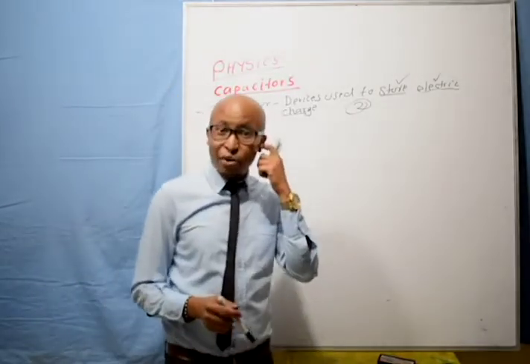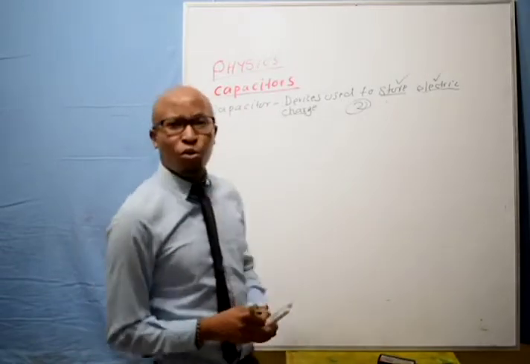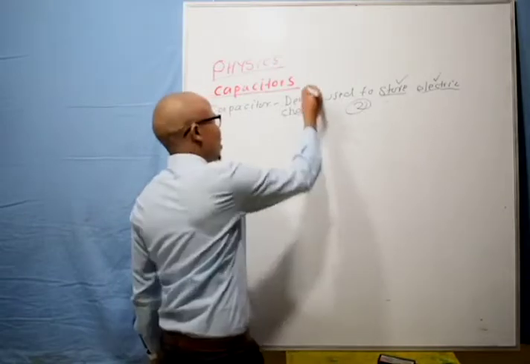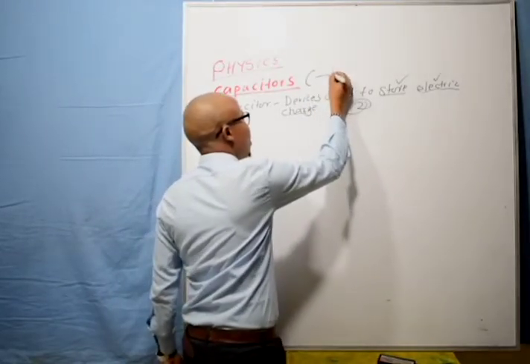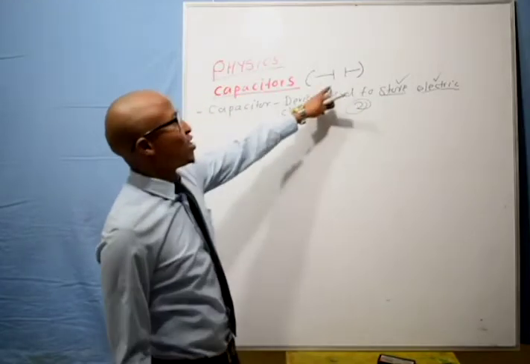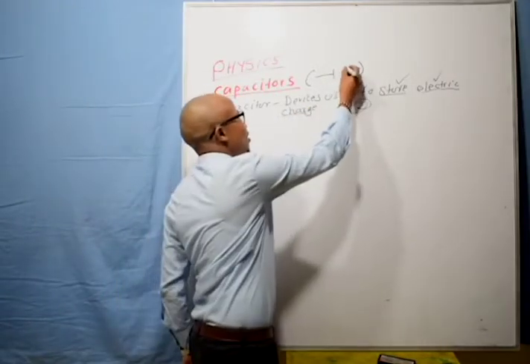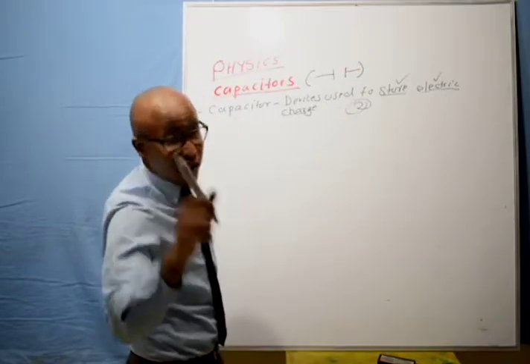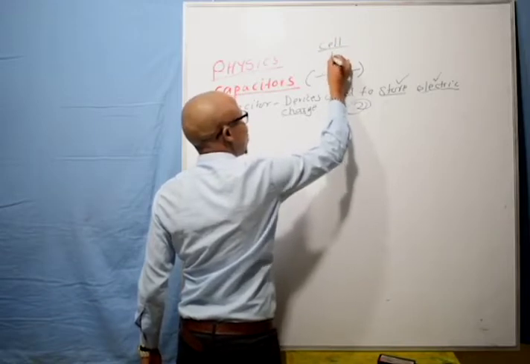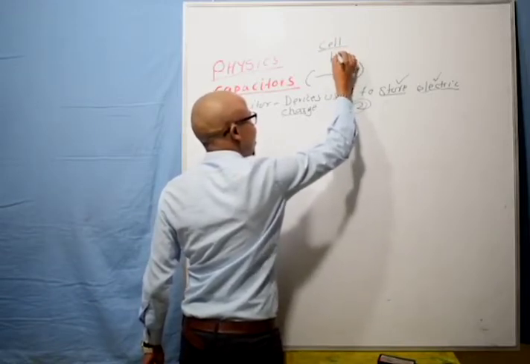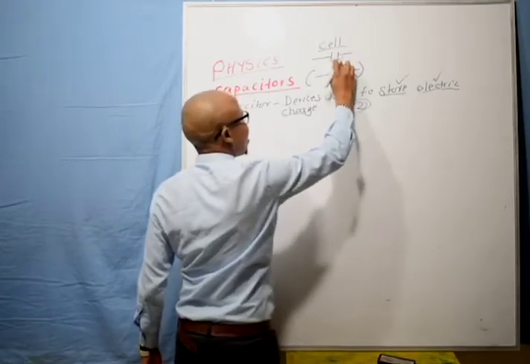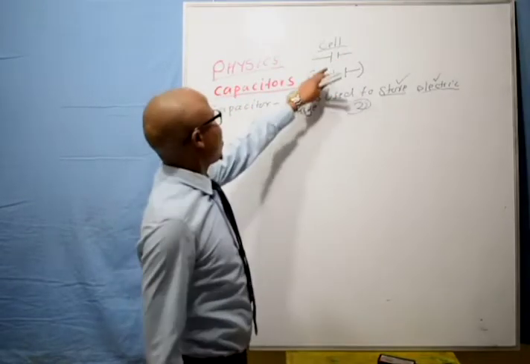The next thing I want to go to: do you know the symbol that is used to refer to the capacitor? Yes, you know, because the symbol used is this one. You can ask yourself at home, what's the difference between this symbol and a cell? I'm going to tell you. The symbol of a cell has two sticks, one longer and the other smaller. The smaller one is the negative and the longer one is the positive.